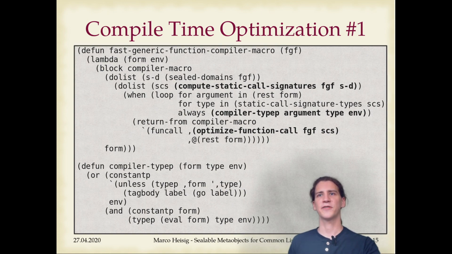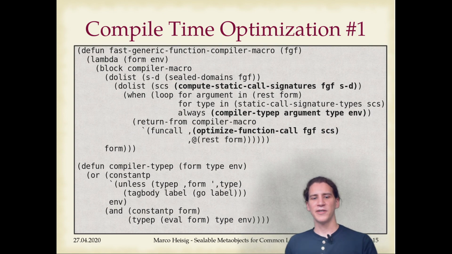And then for this domain, it traverses what I call static call signatures, so all the islands in the domain that have a fixed list of applicable methods. And then for each static call signature, we check that all the argument forms are of the types that are required by the static call signature, and if this is the case, we return an optimized function call.